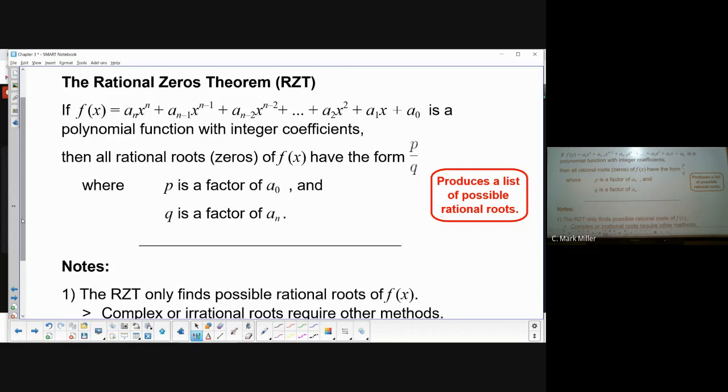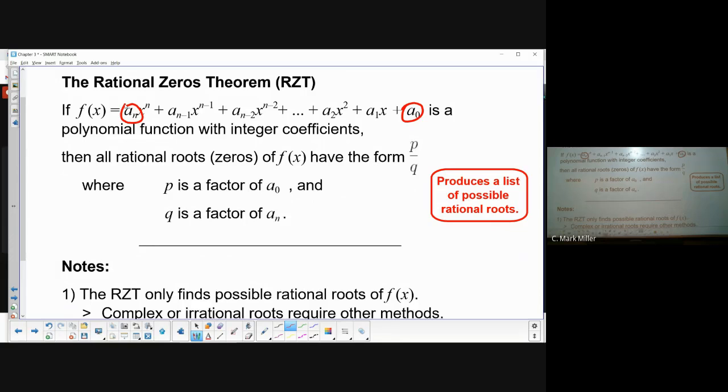So here, if you have this polynomial function, take note of the first and the last coefficient. The leading coefficient and the last coefficient.